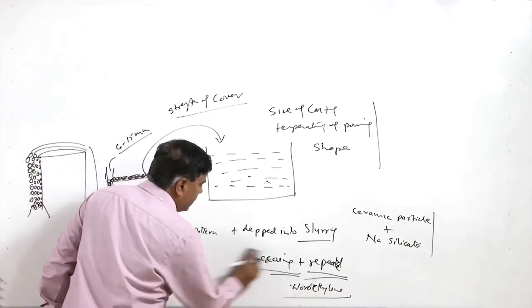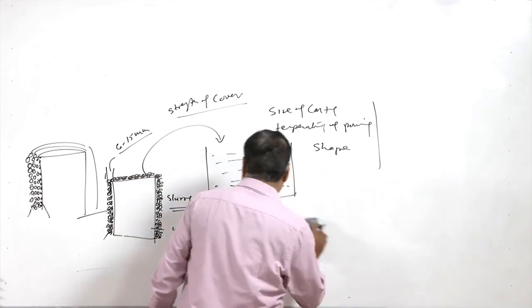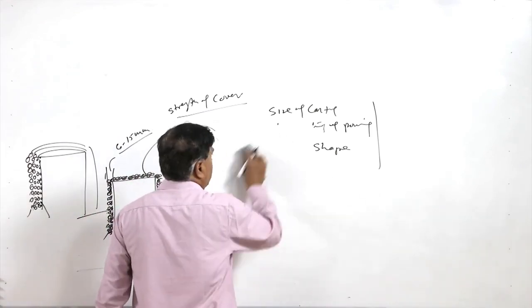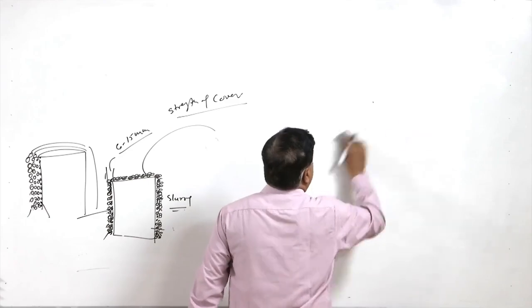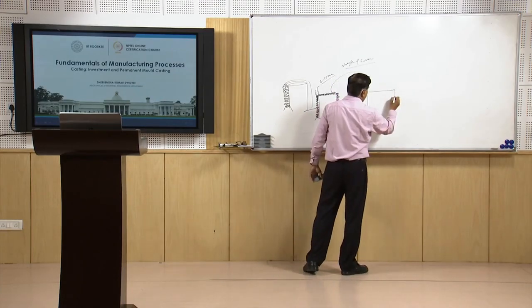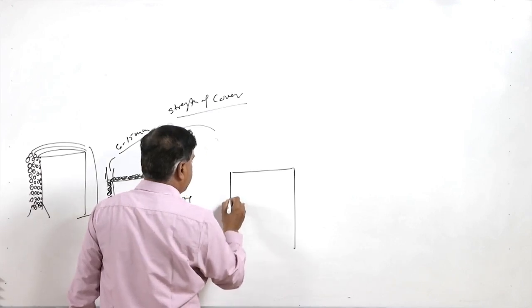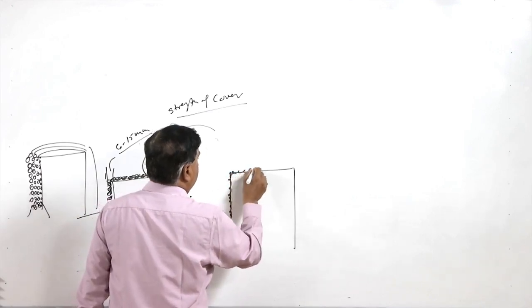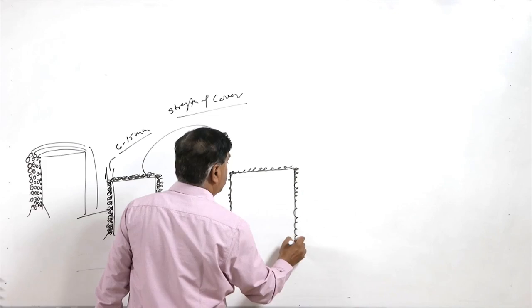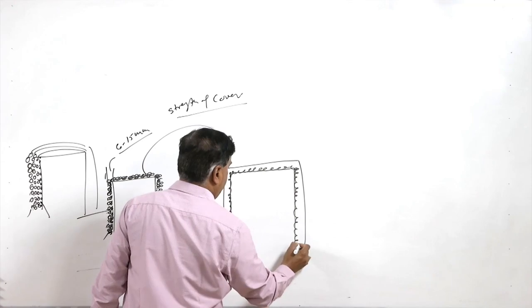Once the wax pattern has been removed, we are left with a shell of grains, wherein we have fine grains on the inner surface and coarse ones on the outer surface. Like this, one shell is formed.